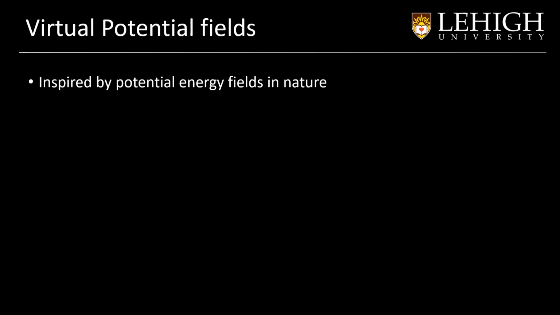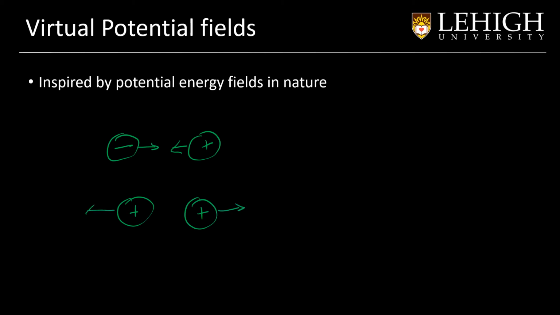It is called virtual because it is inspired in nature, by what we have as potential energy fields. Let's give an example. We have two electrical charges, and if they have different polarity, they will attract. But if they have the same polarity, they will repel.